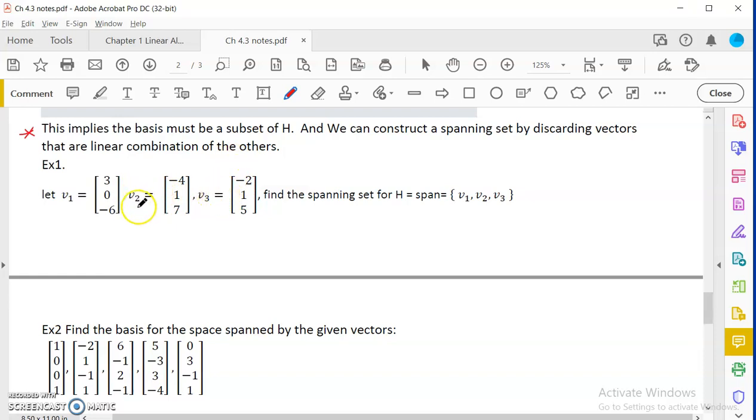If they are linearly independent, this is already a basis. So let's see. I'm just going to make them A equal to 3, 0, -6, -4. To see if they are linear combinations of the others, you solve for 0, 0, 0, right? So solve for whether there are ways to make them 0.